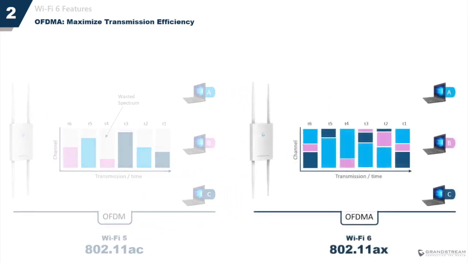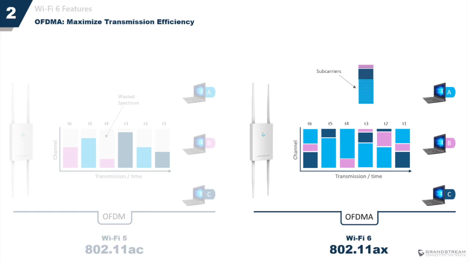Wi-Fi 6 introduced OFDMA, which is a different modulation, which allows the access point to send frames to multiple clients in one transmission. As you can see in the image, the channel is fully used to carry data to multiple clients without any wasted spectrum. And it achieves this by subdividing the channel into smaller subcarriers and grouping them into resource units, usually referred to as RUs.